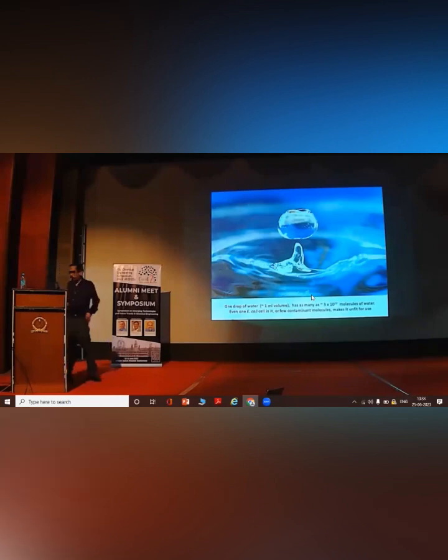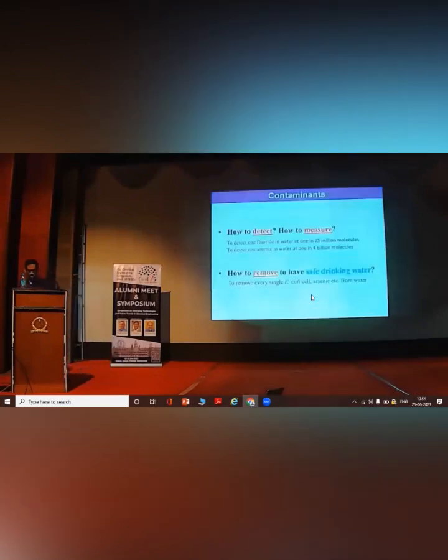Same with other contaminants in Indian water systems like arsenic and fluoride, at literally 1 in a billion or 1 in a million. In the case of arsenic, it's ppb level, and in the case of fluoride, it's ppm level. That is not welcome.